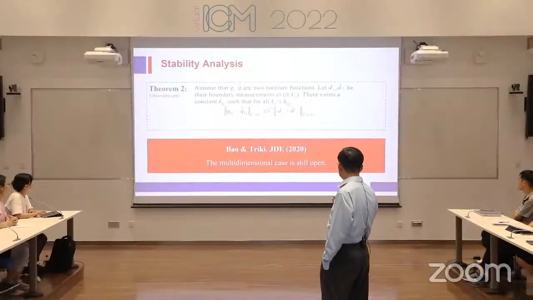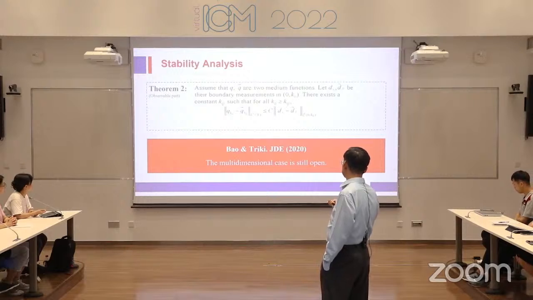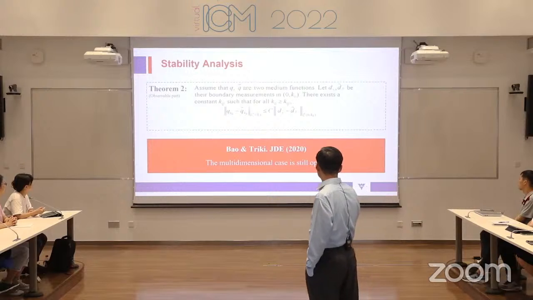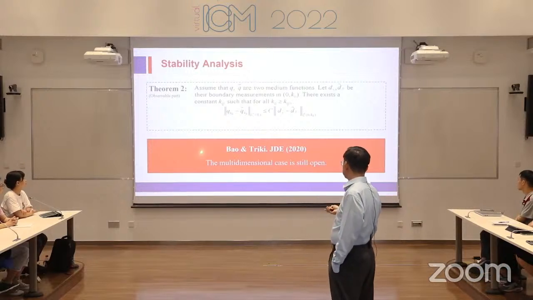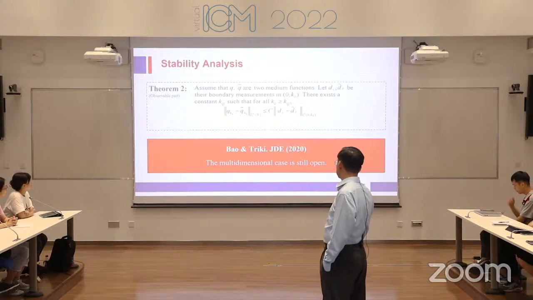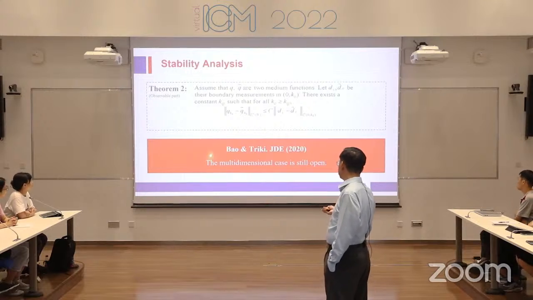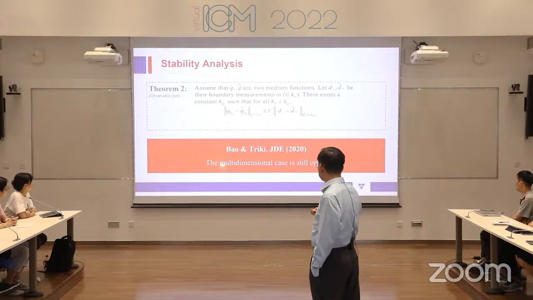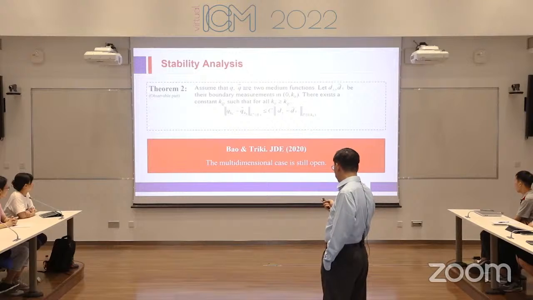Then you actually get a very nice estimate. So this is what you get, the observable part of the medium. The difference of two experiments, you get this Lipschitz type estimate. Okay, and this is very promising. In practice, this is what you should expect. But let me remind you that the multi-dimensional case is still open.